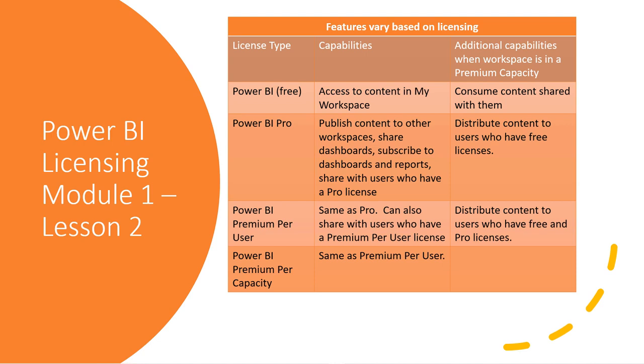In addition, premium per user license holders can distribute content to users who have free and Pro licenses. The other variation is the Power BI Premium per Capacity license, which can do all of the things as the Premium per User licensing, in addition to more things. It's usually implemented at the enterprise level.